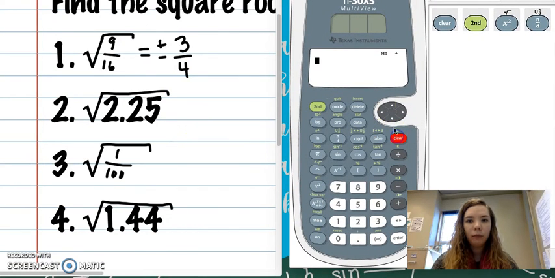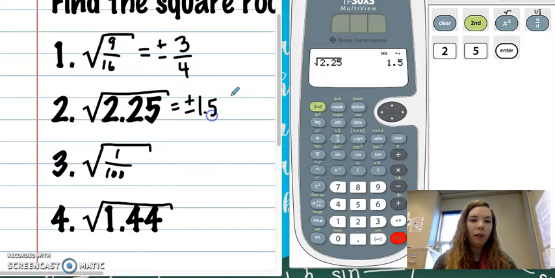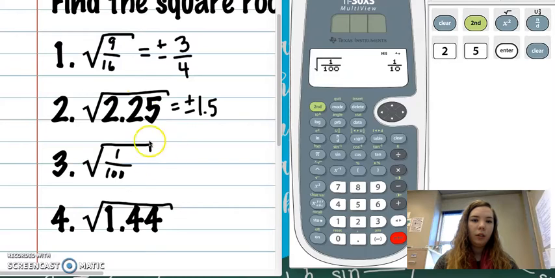Now let's do the square root of 2.25 is 1.5. So positive and negative 1.5, or 1 5/10. Okay, we'll repeat this process for 1/100th is 1/10.